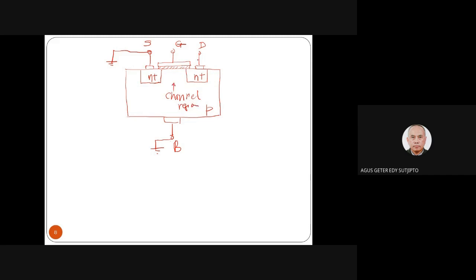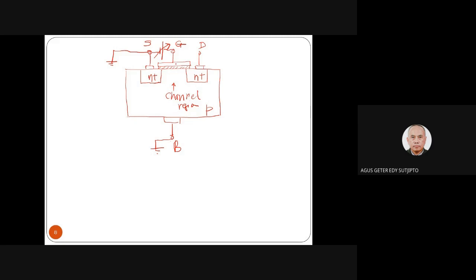So when we apply the voltage GS, positive, this is a positive, we will push the holes to the bottom, to the B, so then in this region we create the channel region.